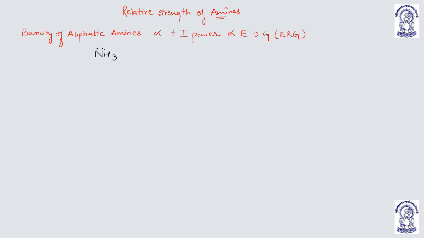But when we compare ammonia with primary amines like RNH2, we can see that nitrogen has comparatively more electron density than in ammonia, because R is showing its plus I effect.